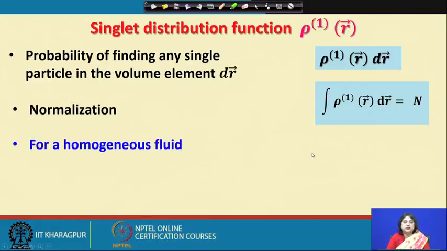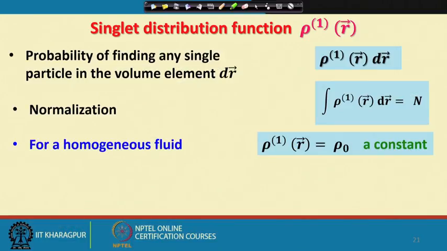Now, for a homogeneous fluid, it does not matter which small volume element I am looking at, this number should always be the same because it is homogeneous. It does not depend on which portion of the sample I am looking at, rather this is going to be a constant.